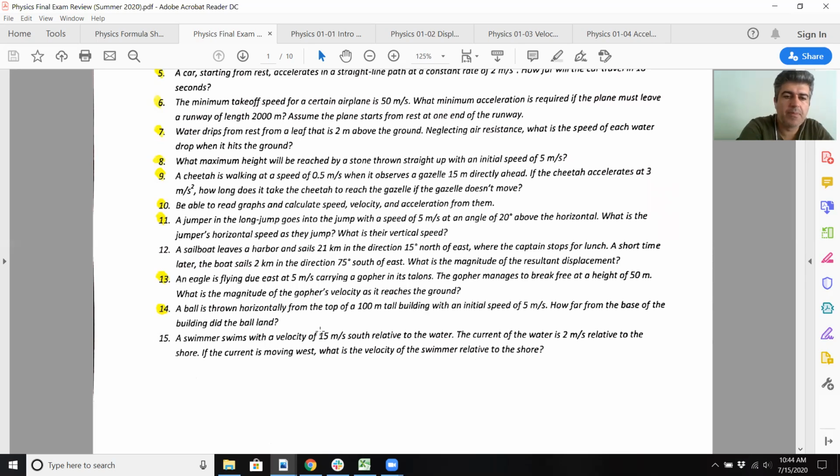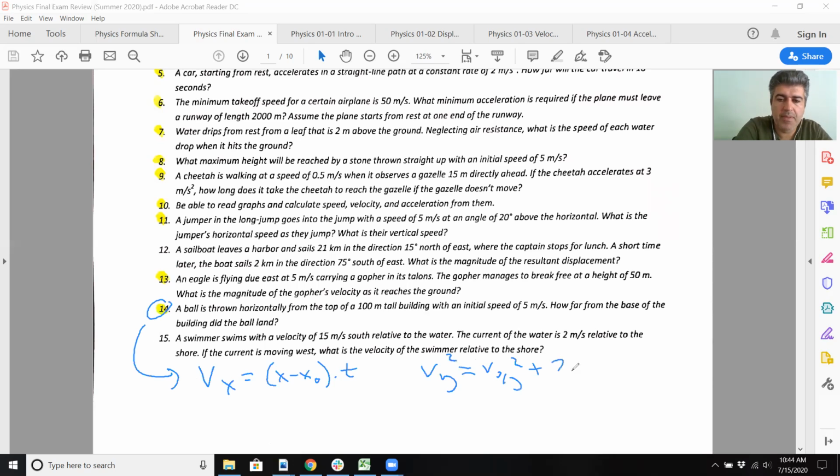So you're going to be using a combination of things here. So 14, again, take good notes. Your Vx is going to be your change in displacement over time. And our Vy, we're going to do the same thing as we did for 13. So initially, there's no vertical velocity because the ball's thrown horizontally.